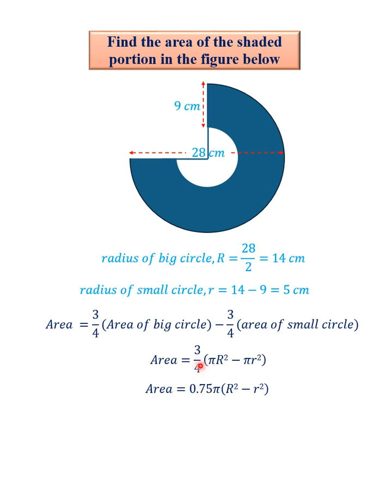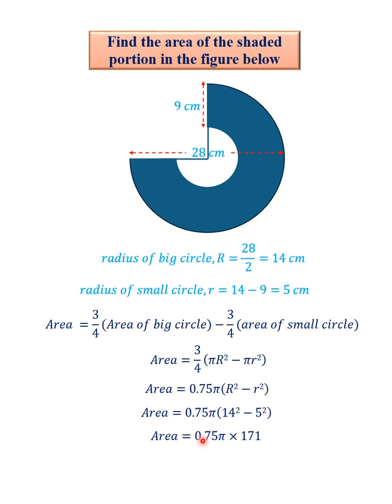I factorize pi out, so we have 0.75 pi, and what we are left with is the radius of the big circle squared minus the radius of the small circle squared. Putting the values of the radius, we have 0.75 pi into 14 squared minus 5 squared. 14 squared minus 5 squared will give us 171. So we have 0.75 pi times 171.